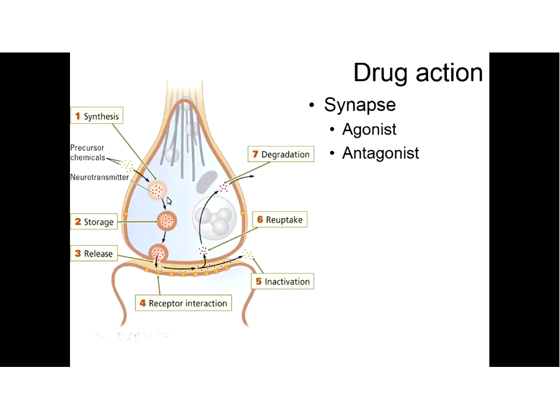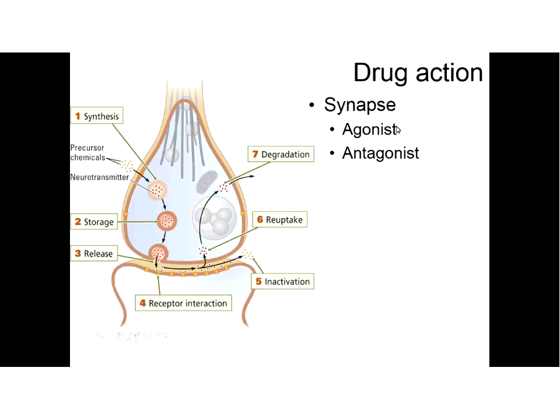Now, once the drug gets through the blood-brain barrier or starts to influence the brain, we see that it can function in 2 ways. Either it can function as an agonist, and the definition of an agonist is any drug that increases the effectiveness of neurotransmission.